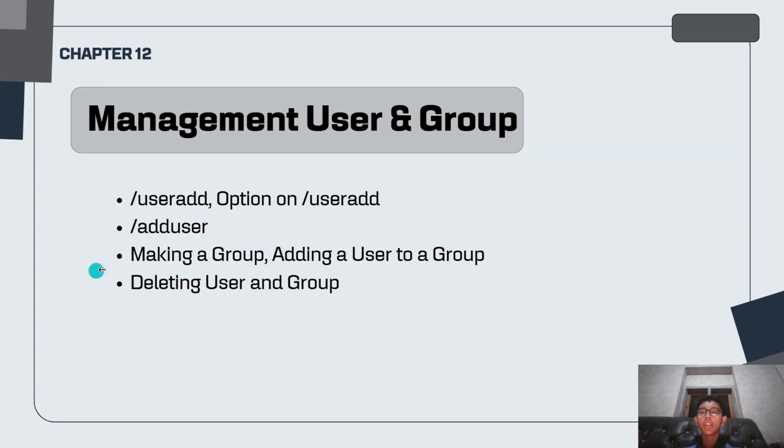But for adduser, when I want to make a new user, you can just type this one and then it will automatically create the home directory of the user, and also the shell will be /bin/bash.